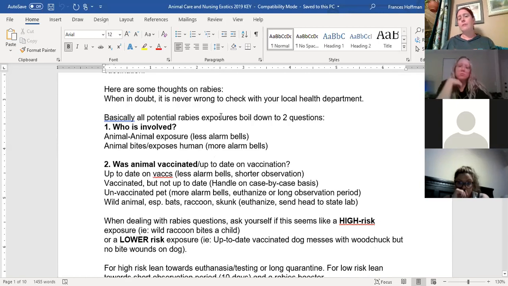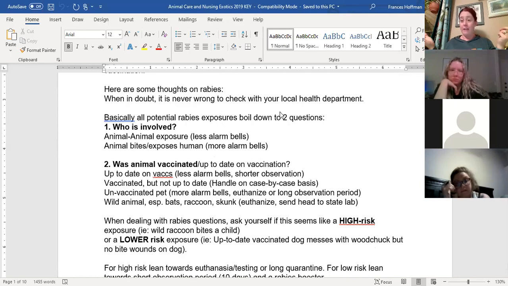So basically, with all of our rabies exposures, we have two questions. Who is involved? Is it animal to animal, or animal to human? And was the animal vaccinated or up to date on its vaccines? Then we have high risk versus low risk. If it's wildlife, we will usually have to euthanize the animal and send it to the state lab.